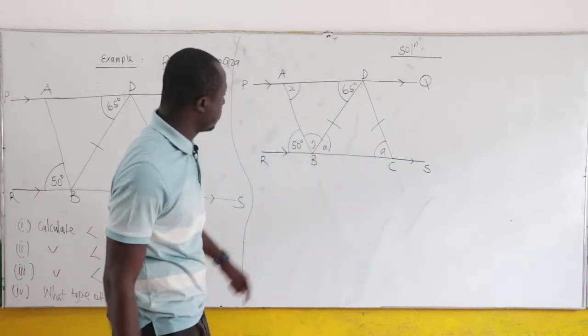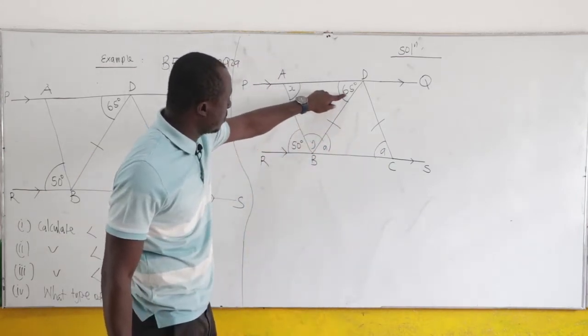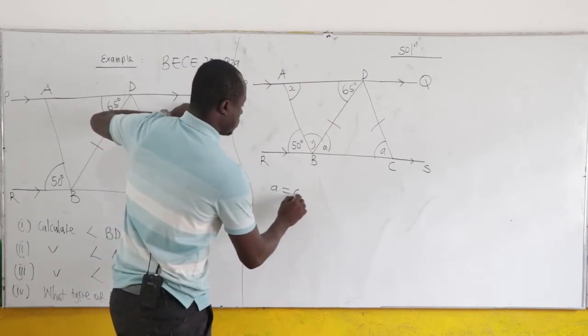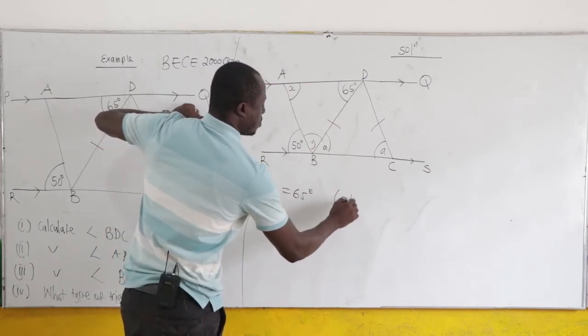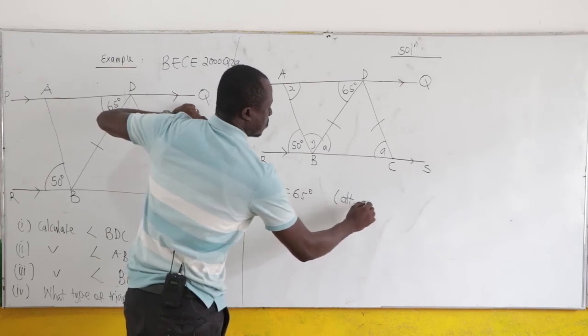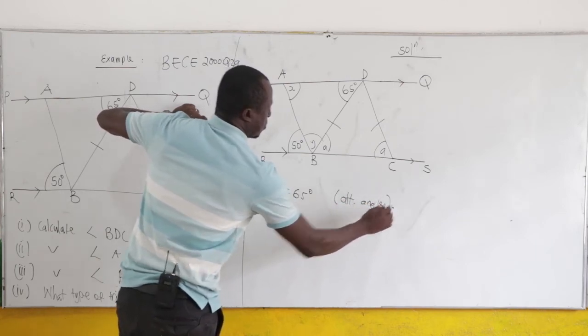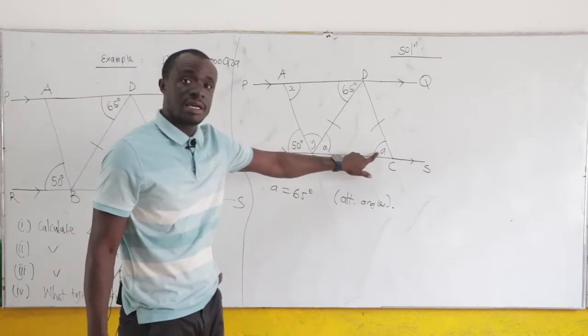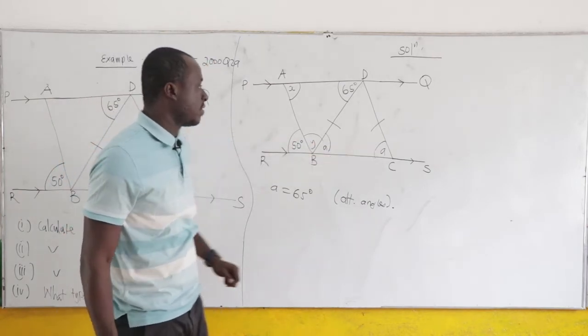Now, let's see clearly, what can we see? If this is 65, this is also what? 65. So A is equal to 65 degrees, alternate angles. Now, if this is 65, hence this side would also be 65.